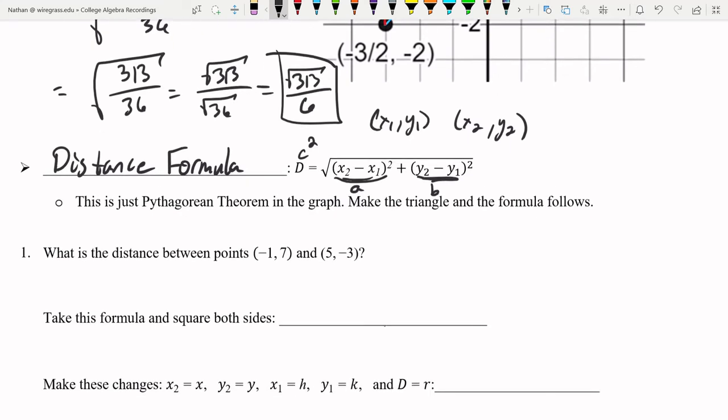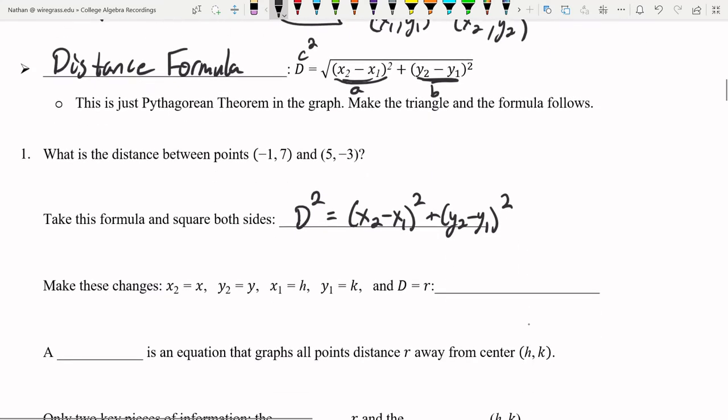Now, as I said, squaring both sides of this thing, this will give us d squared equals x2 minus x1 squared plus y2 minus y1 squared. And then I can change some of these variables. So I'm going to change x2 to x, y2 to y.